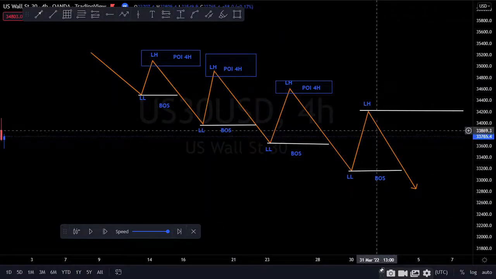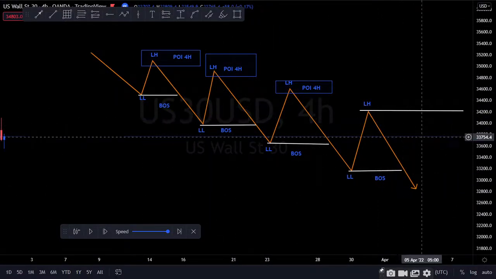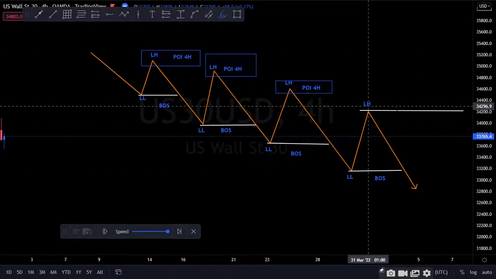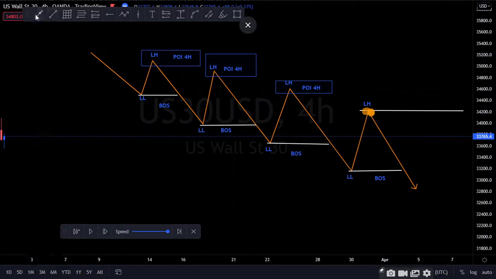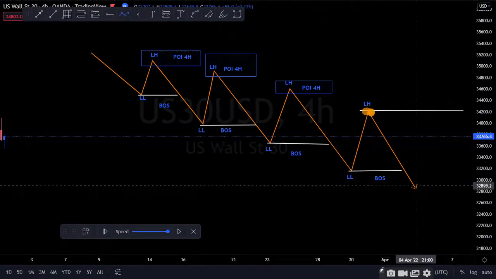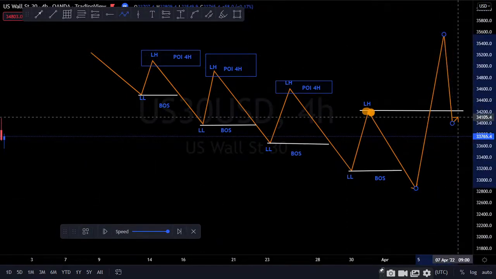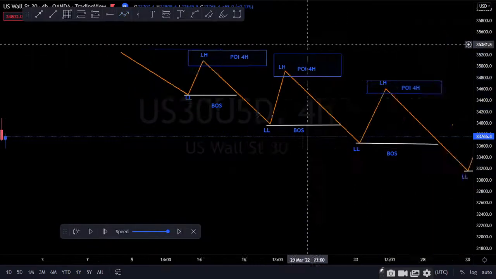This becomes the most important area. This zone becomes the most important zone. Why? Because if we break this zone, it means we are changing from bearish to bullish.